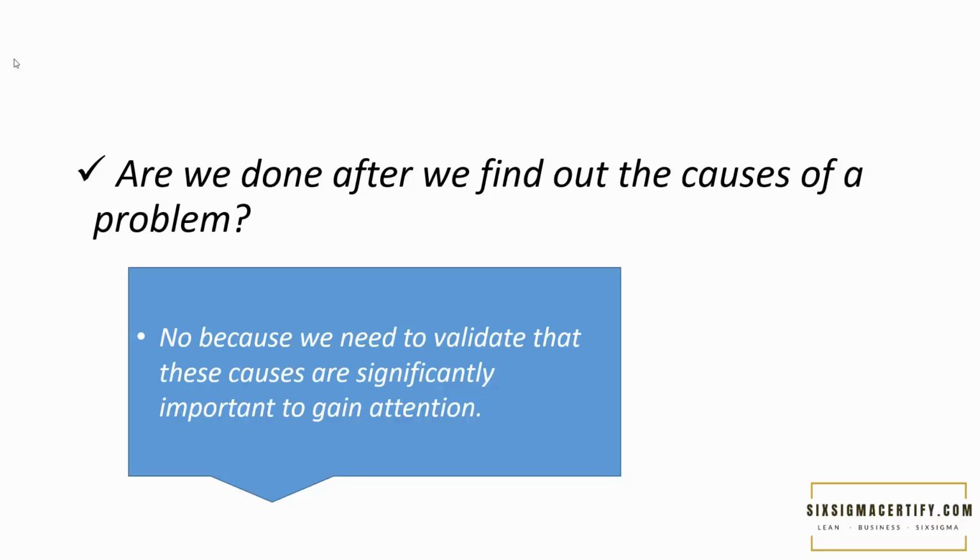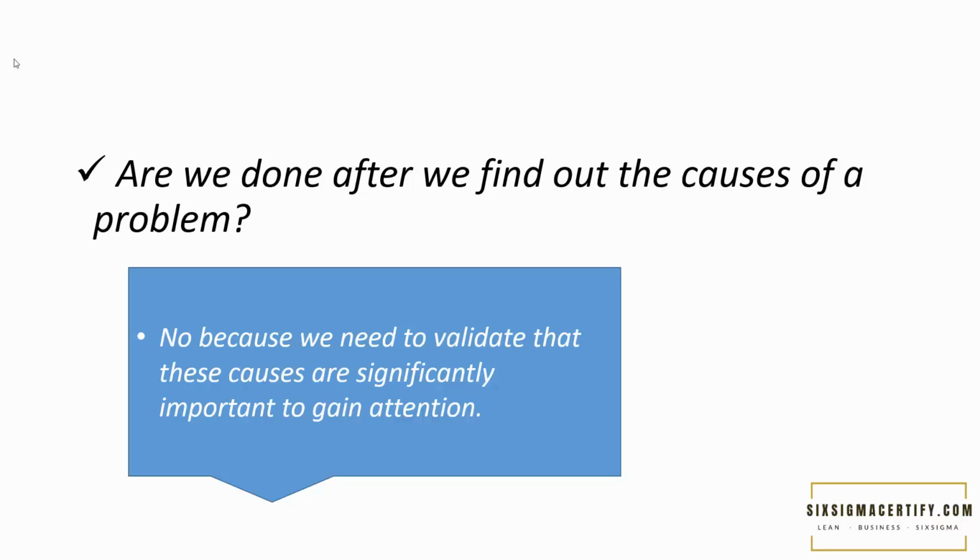But we need to validate that these causes are significant to gain attention, because solving any problem requires time, manpower, money, resources, etc. So only those causes that prove a significant effect should be given the priority. So we should validate those causes only.